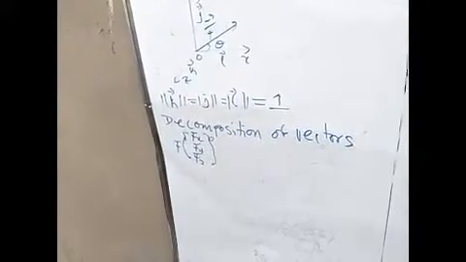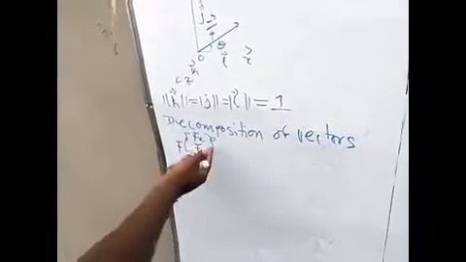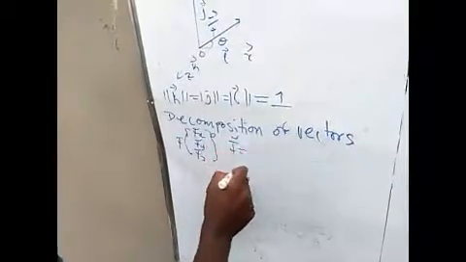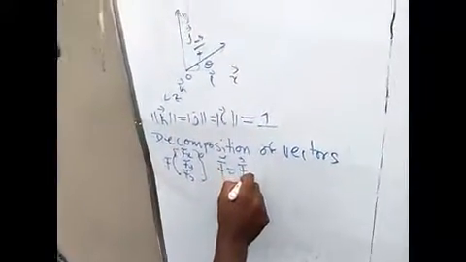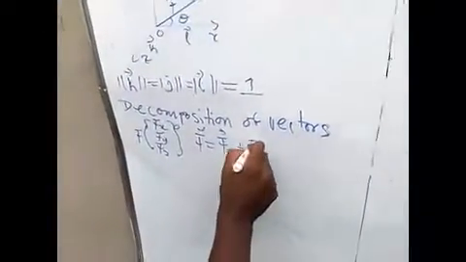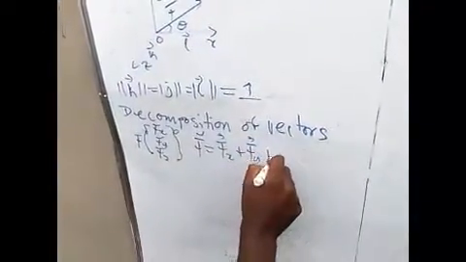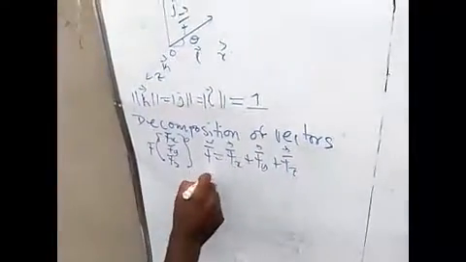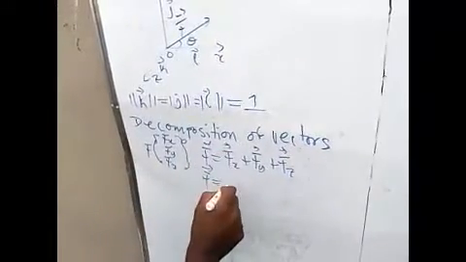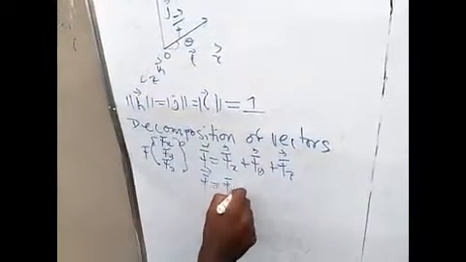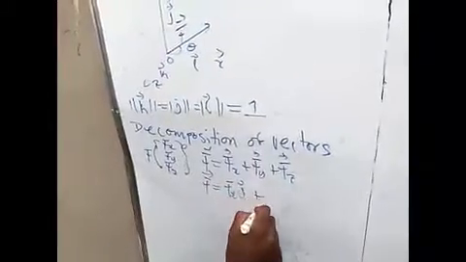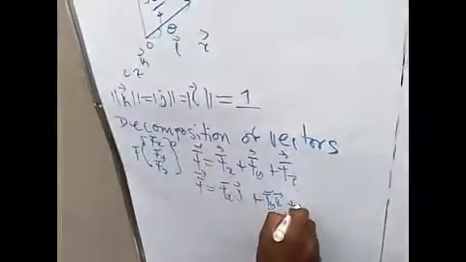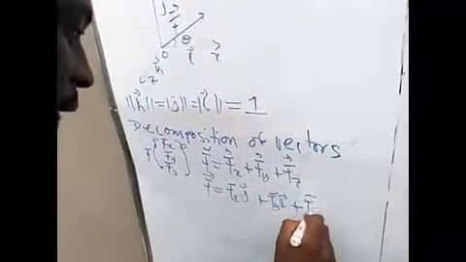So I have to look for f of x, f of y, and f of z. And you should know that F is still equal to f of x plus f of y plus f of z, or using the unit vectors, F should be equal to fx i plus fy j plus fz k.